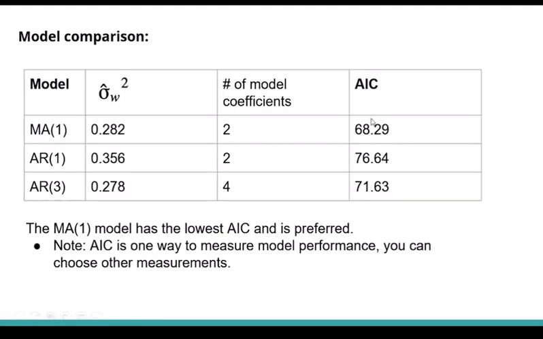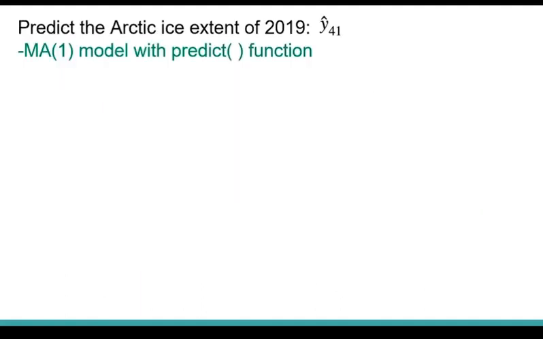As you can see, the MA of order one has the lowest AIC, and because of that, we're going to choose the MA of order one as the best among the competing models.